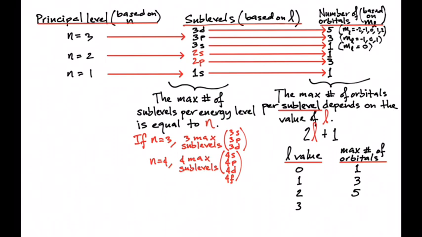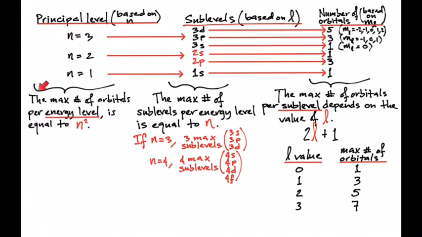And L equals 3, which is the f sublevel, can have a total of 7 orbitals. If you have L equals 4, the maximum number of orbitals would be 9. So it's basically 1, 3, 5, 7, 9, 11, and so on. That's basically the trend in determining the maximum number of orbitals given the value of L. Or you can use that equation, 2L plus 1.